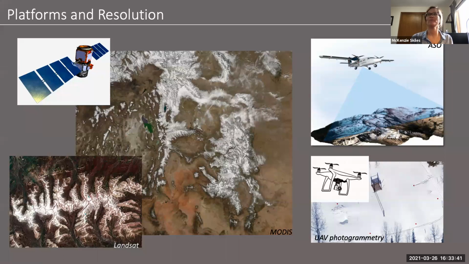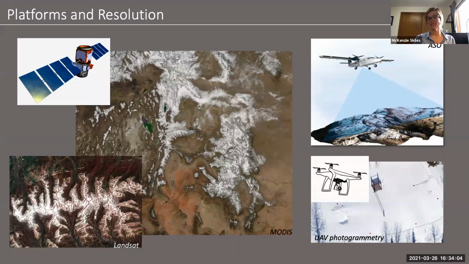And the benefit of manned and unmanned aircraft is that you can go where you want, when you want to. So if something interesting is happening in the mountains, your plane can take off and go measure it. You're not limited by the orbit of the satellite or waiting for Landsat to pass over in 16 days.